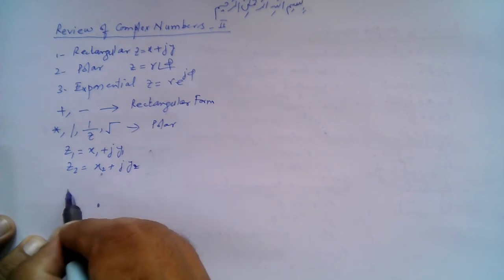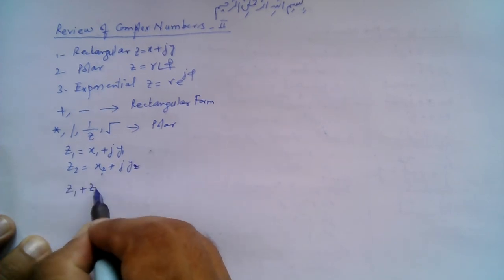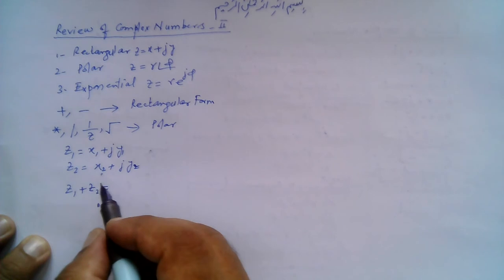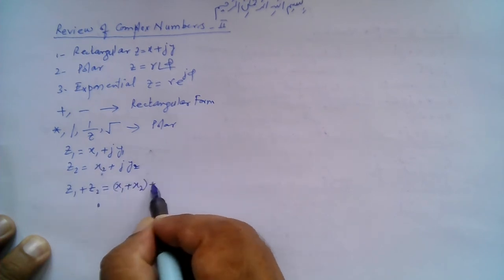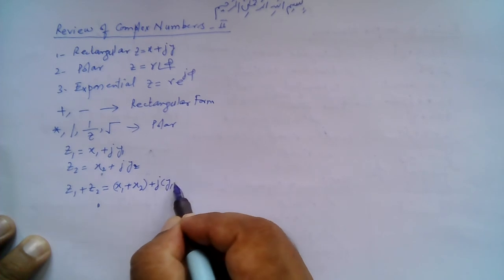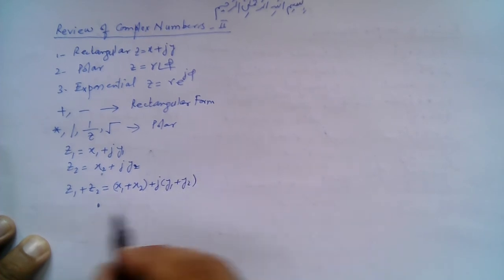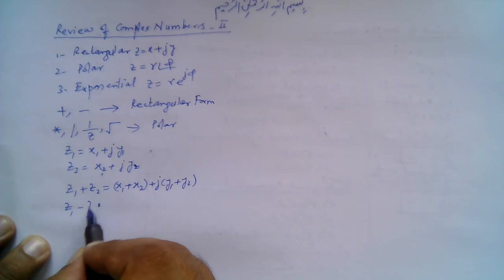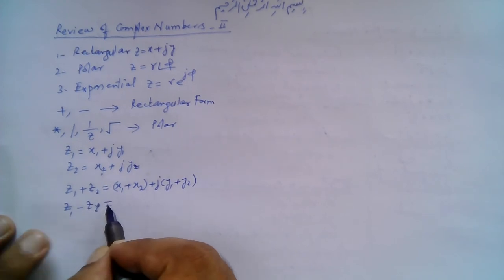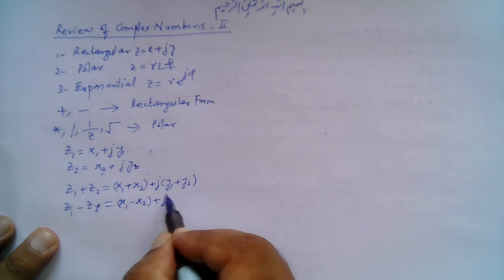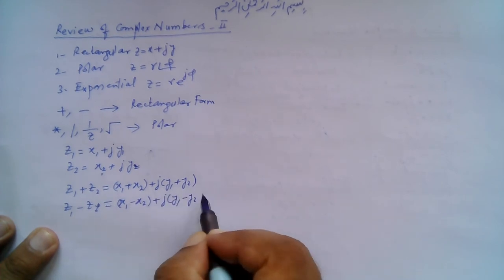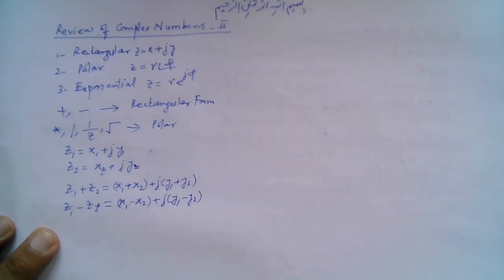for example, z1 plus z2 is equal to (x1 plus x2) plus j (y1 plus y2), right? And the subtraction, z1 minus z2, is equal to (x1 minus x2) plus j (y1 minus y2), right?